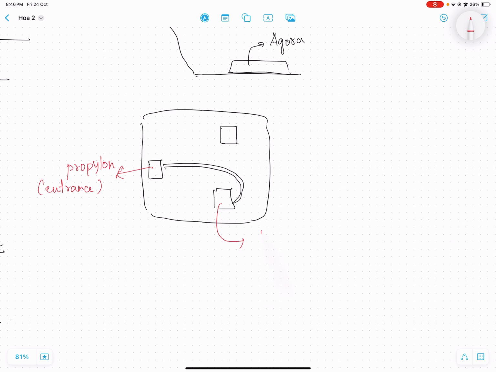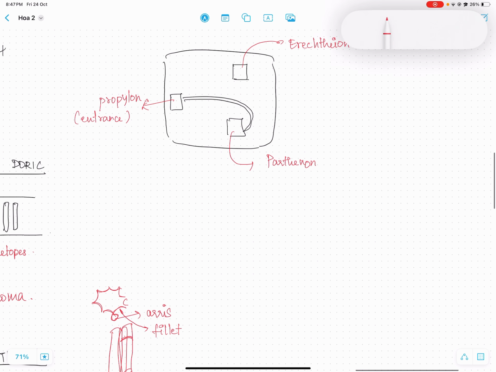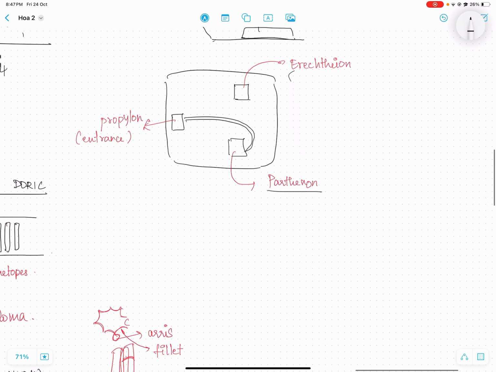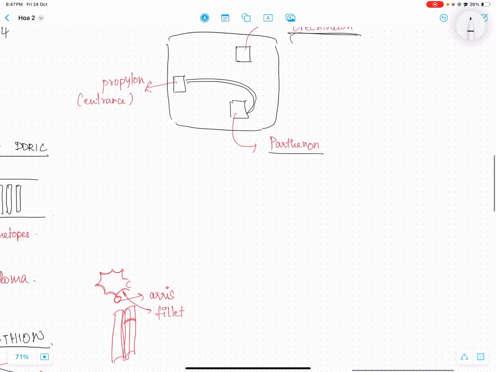This is the Parthenon, and this is the Erechtheion. Okay, so before moving on to the Parthenon, we'll first discuss the Erechtheion.